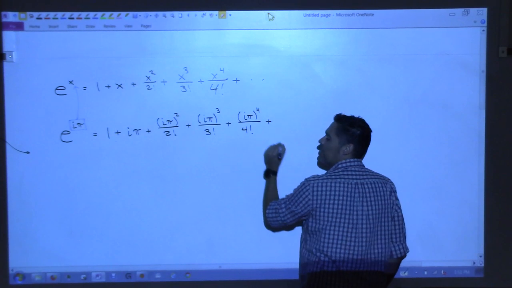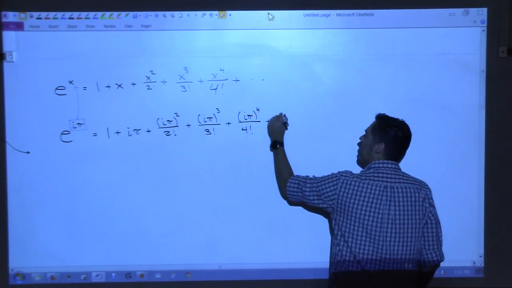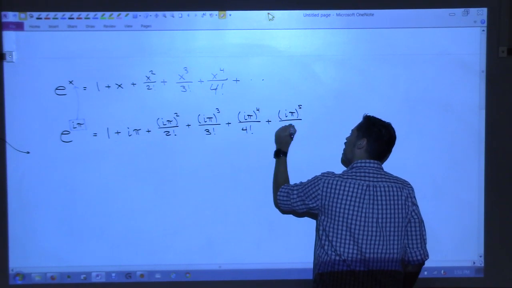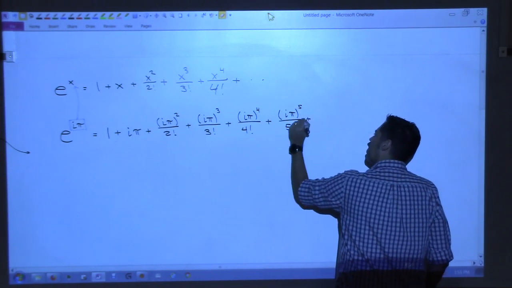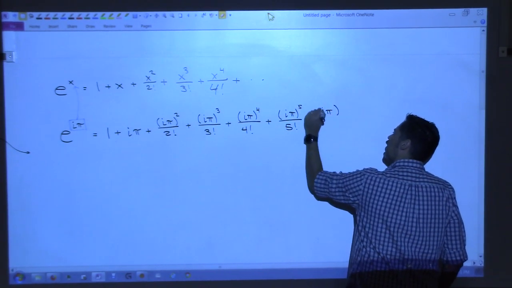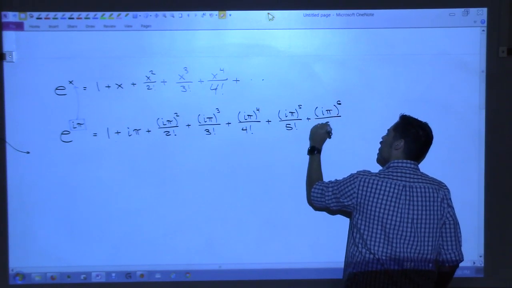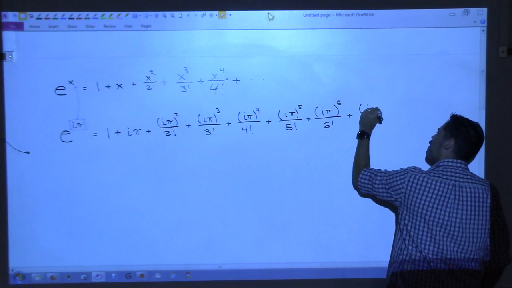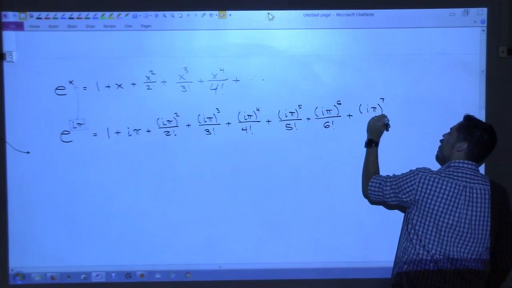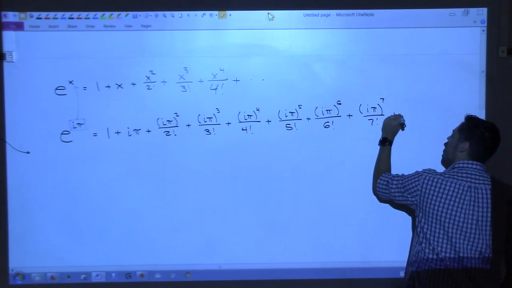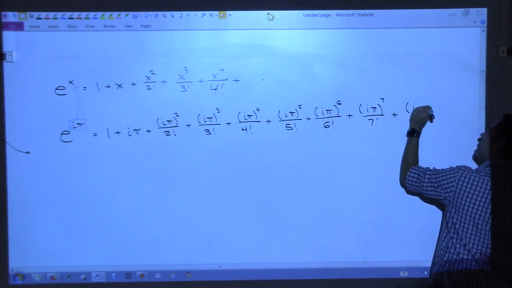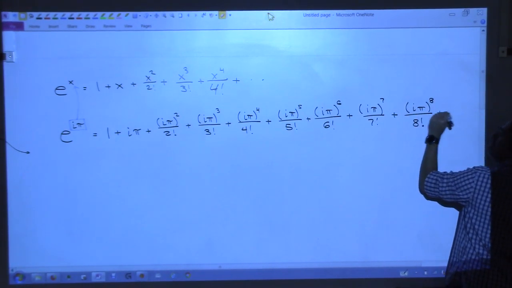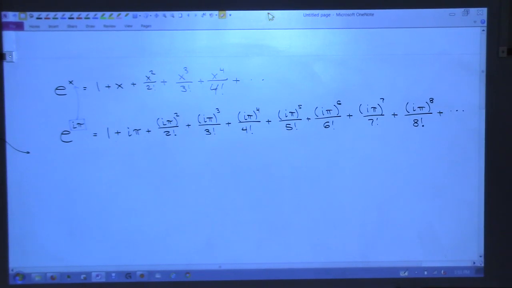I'm going to keep going because I need a few more to be able to establish something that's about to happen. i pi to the 5th over 5 factorial. i pi to the 6th over 6 factorial. I'm just going to do up to 8, okay? i pi to the 8th over 8 factorial, plus dot, dot, dot. That's what it is, right?